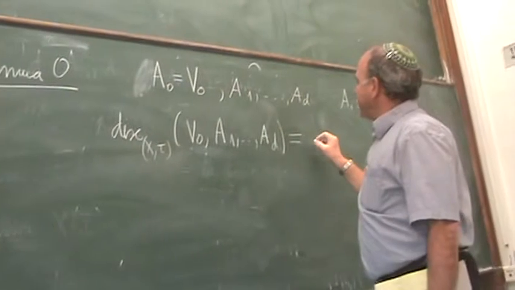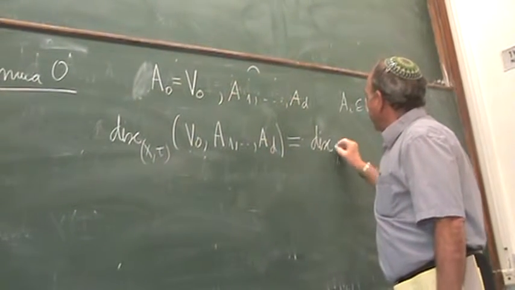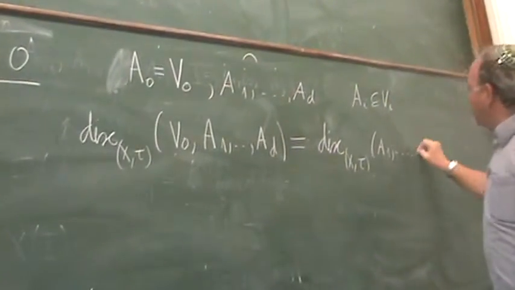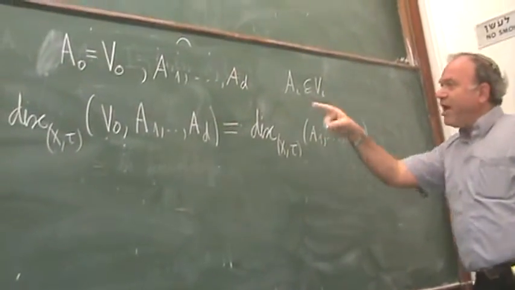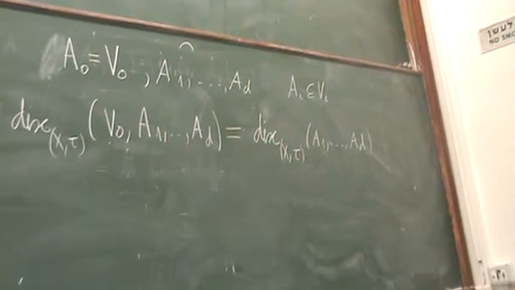I claim that this is the same as the discrepancy we defined before for A1 up to Ad without the first set. If I allow the first set to be everything, it doesn't matter.